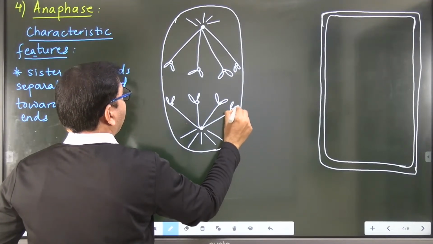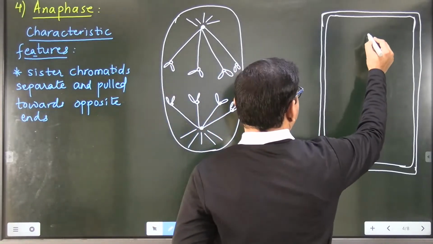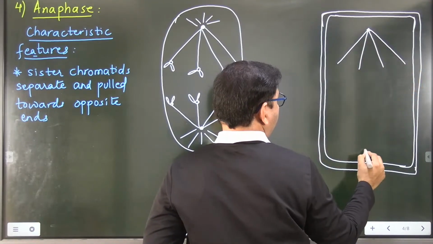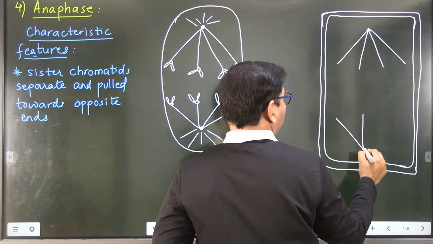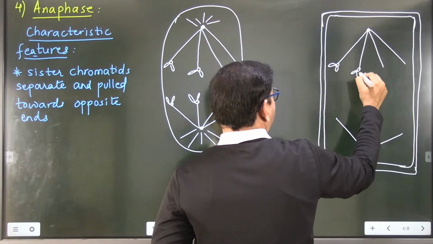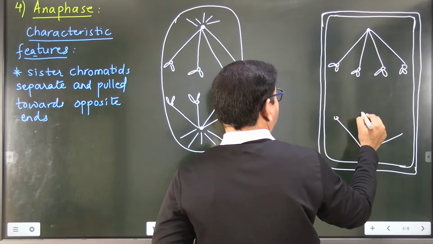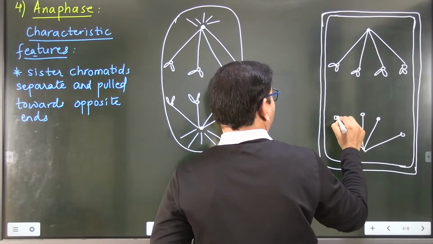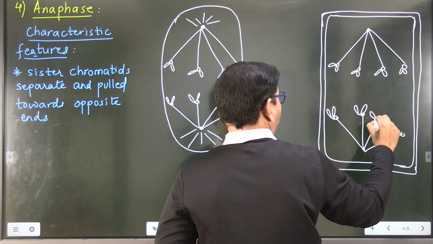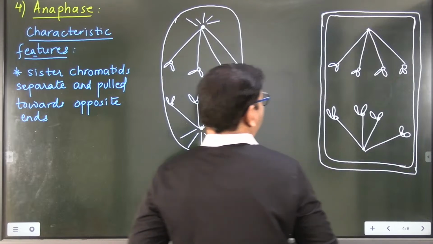Okay, the part which I am drawing, that is sister chromatids and not chromosomes. 1, 2, 3, 4. Same way 1, 2, 3, 4. And right?